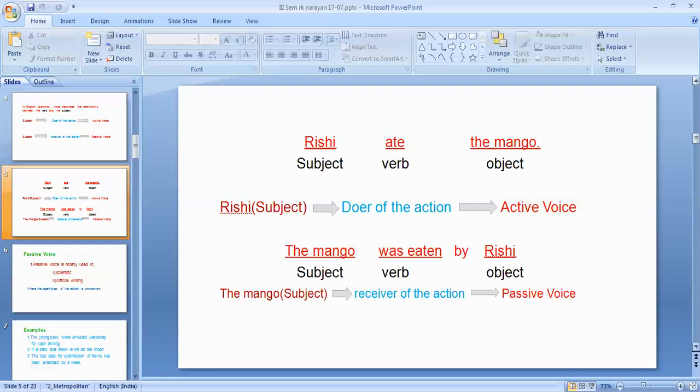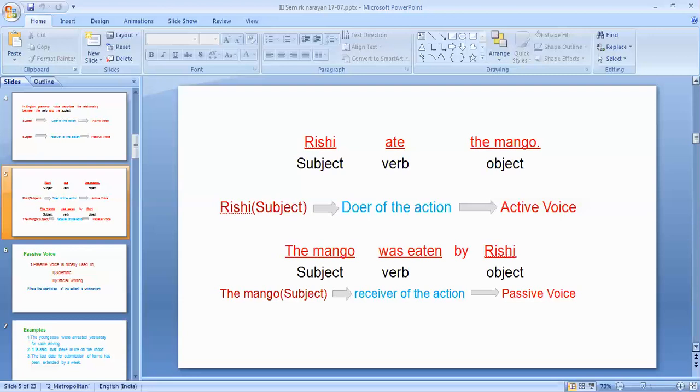And if the receiver of the action is in the position of the subject, those sentences are called passive voice. So in the first sentence, Rishi ate the mango is in active voice, whereas the mango was eaten by Rishi is in passive voice.